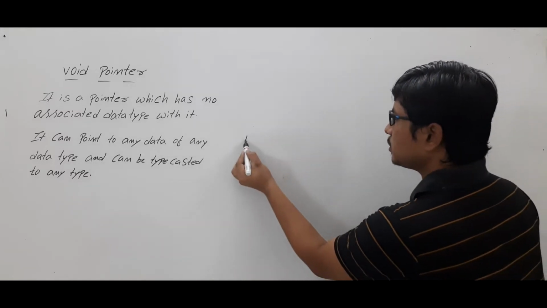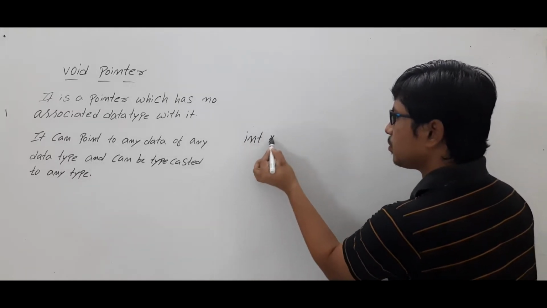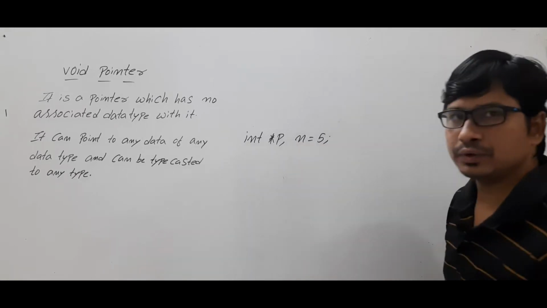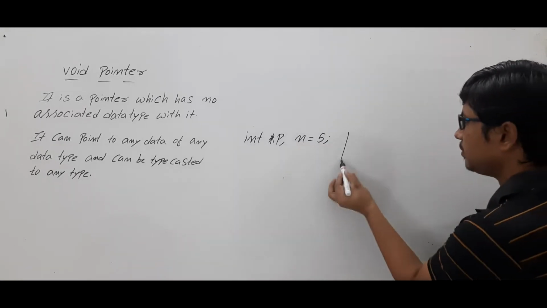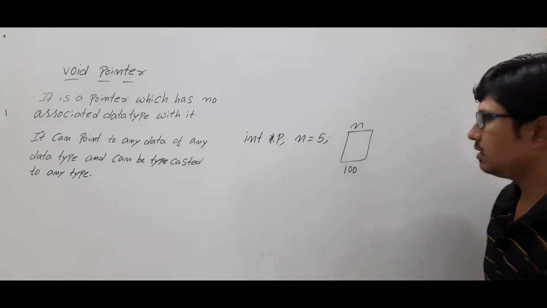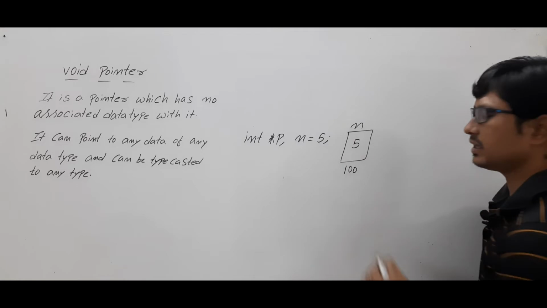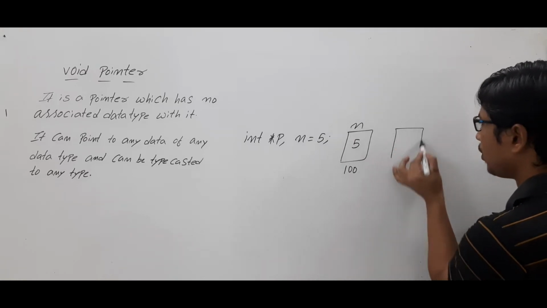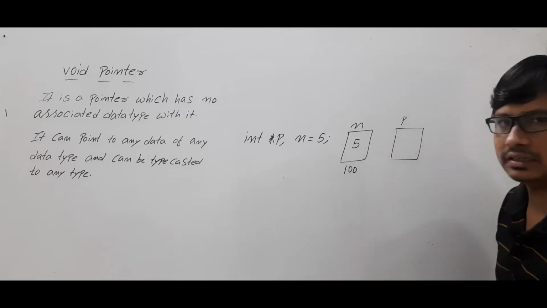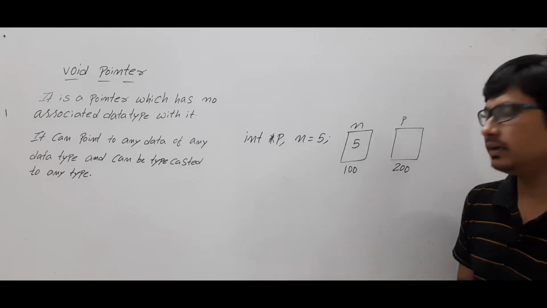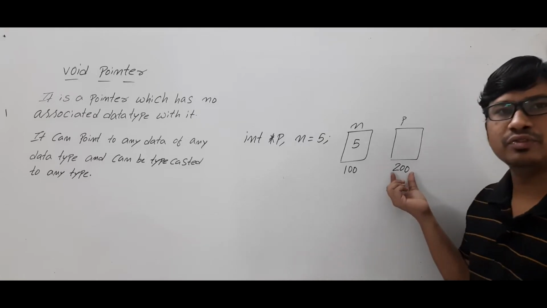Let's assume that you have declared an integer pointer and an integer variable n and assigned the value 5 to it. Now in memory location of 100th byte, the variable n will be created and stores a value 5. Similarly, a pointer p, which is an integer pointer, will be created in the memory location of 200 byte.